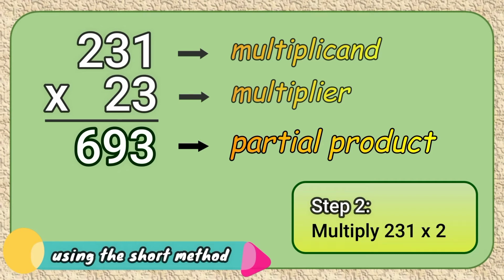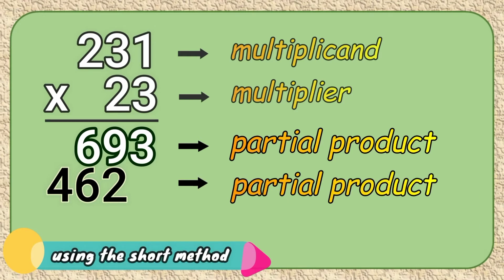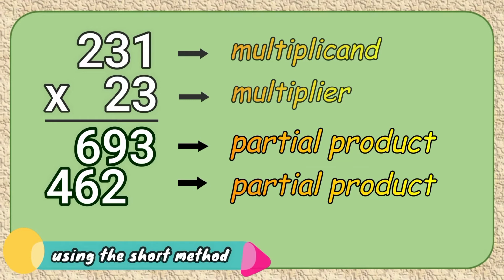Okay, remember to leave the one space blank. So we have 1 times 2, that is 2. 3 times 2, that is 6. 2 times 2, that is 4. Our second partial product is 462.